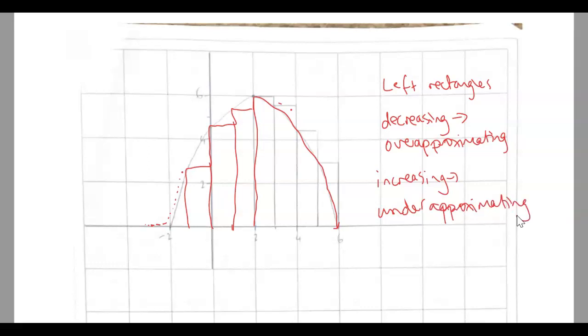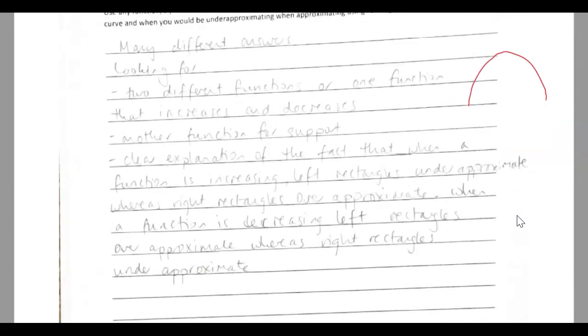You did have to consider both when the function was increasing and decreasing, and consider both left rectangles and right rectangles. So let me go back to my dot points. If you had another function, that would have been good. I don't think anyone did, so I didn't really penalise anyone for that.